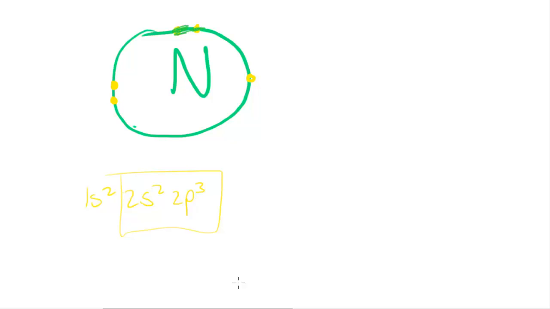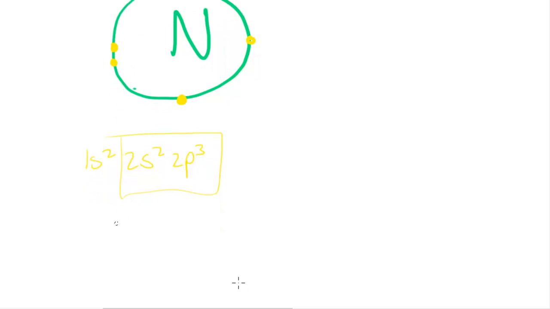So it would form N bonded to an N. Okay, so N triple bonded to an N, and what we'd have here is 1 bond, 2 bonds, and 3 bonds. Okay, let me draw a huge electron here.